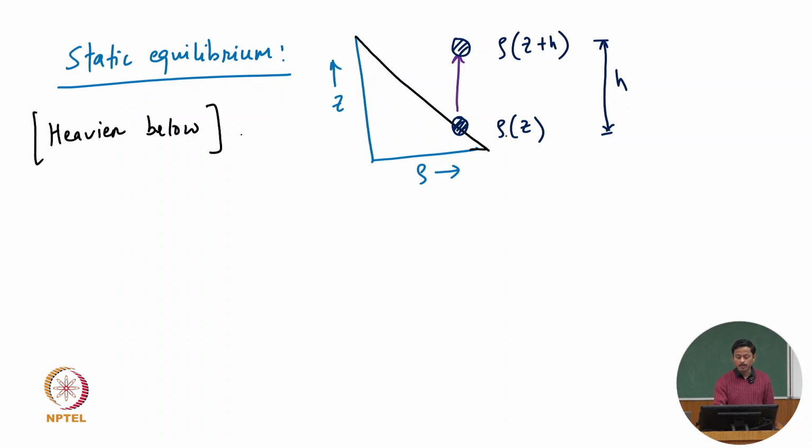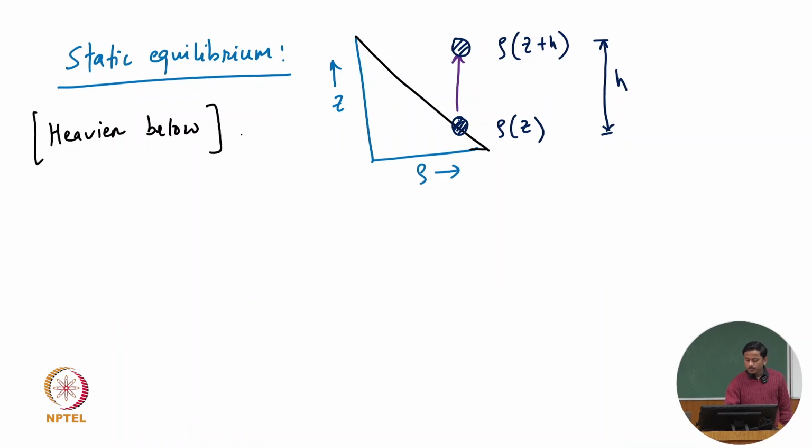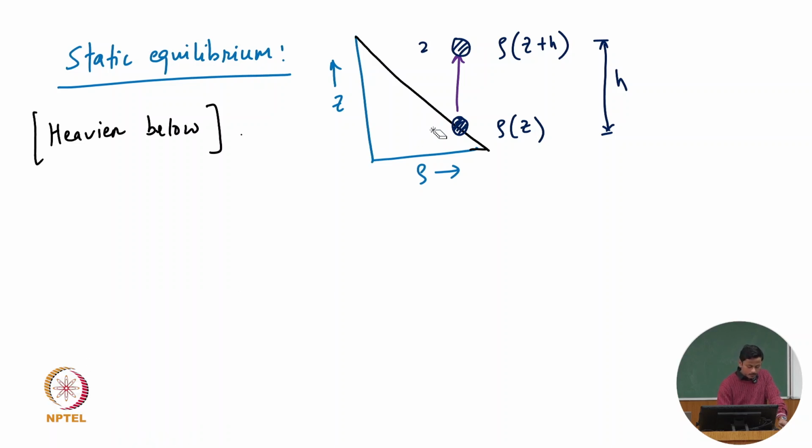The distance is h and the density is heavier at the bottom. That means rho z is greater than rho z plus h. Once we do this, for an incompressible fluid, the parcel will retain its density even though there is a change in the hydrostatic pressure. Let's call the initial position 1 and the new position 2. Taking it from 1 to 2, the parcel of fluid will retain its density.